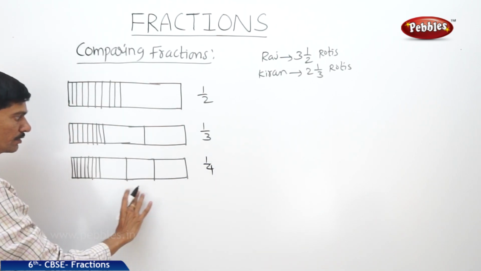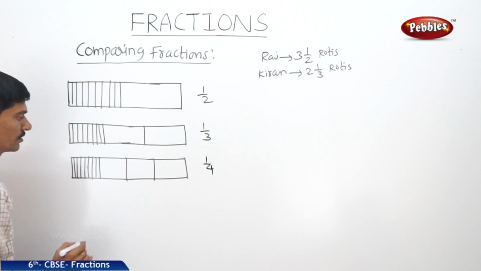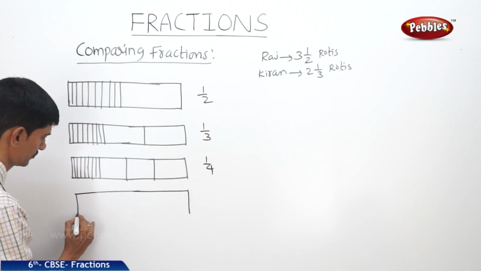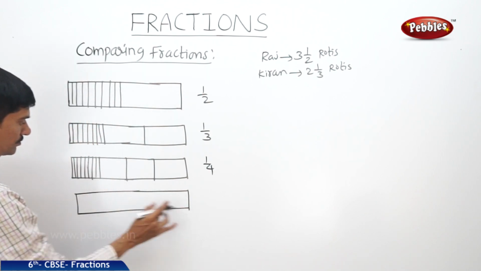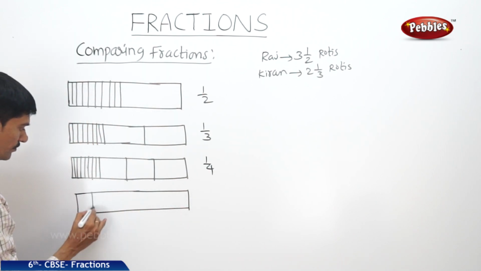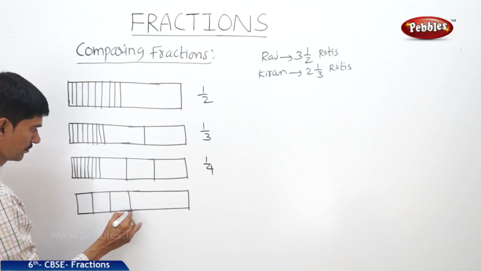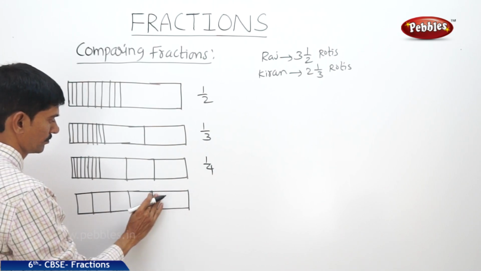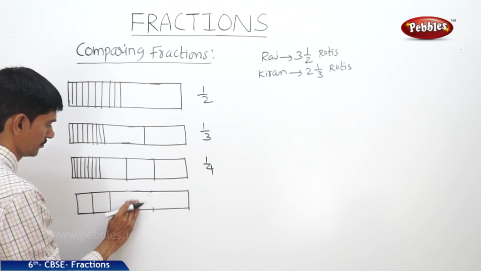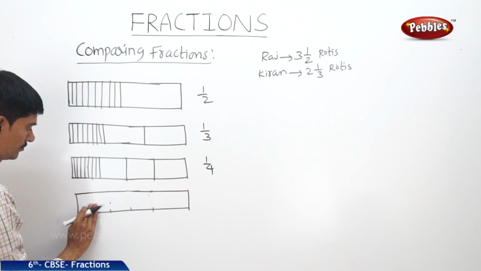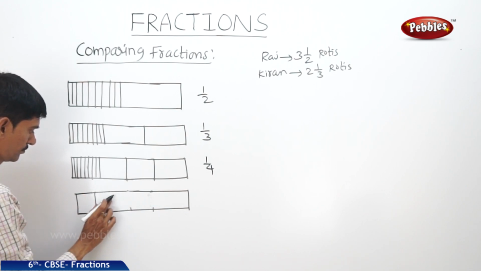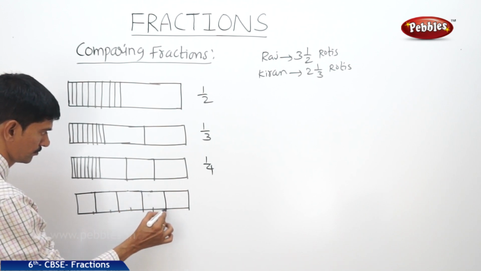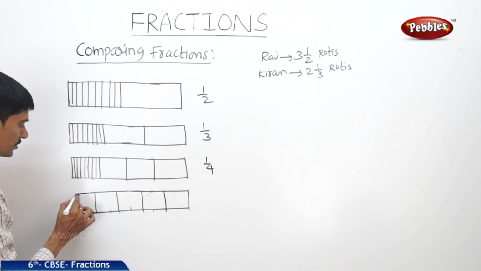So if the rectangle is divided into 5 equal parts, and here also one part is shaded.